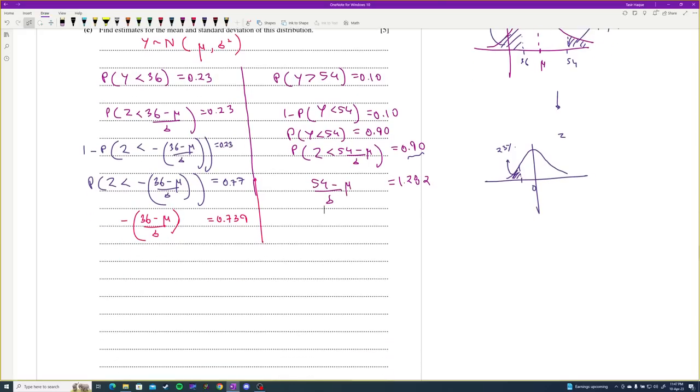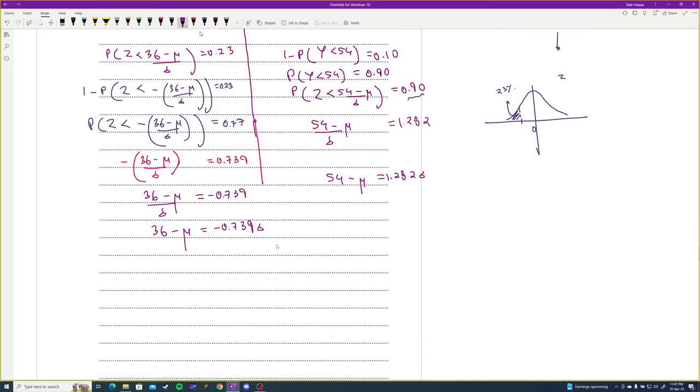Okay, we're almost there. Now let's just finish solving this. Here we get (36 minus mu) by sigma is equal to minus 0.739, or 36 minus mu is equal to minus 0.739 sigma. And over here we have 54 minus mu is equal to 1.282 sigma. So let's solve these, equation 1 and 2.